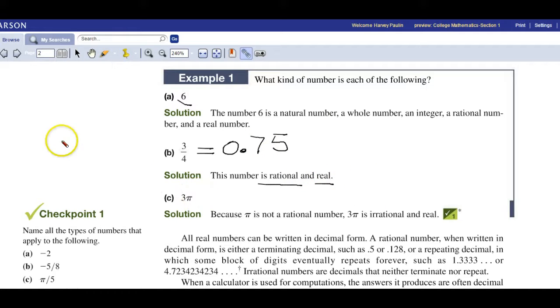In letter C, another irrational number is pi. So this is 3 times pi. So this is not a rational number. It is irrational and real. And they give you some material that we've already mentioned.